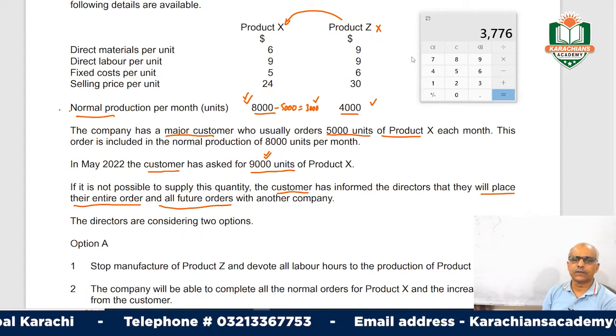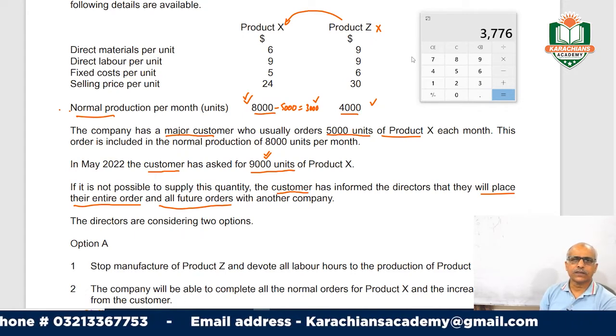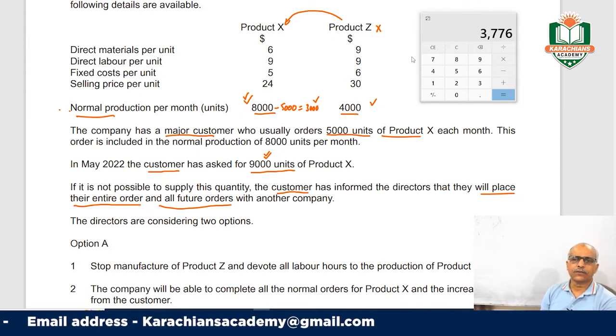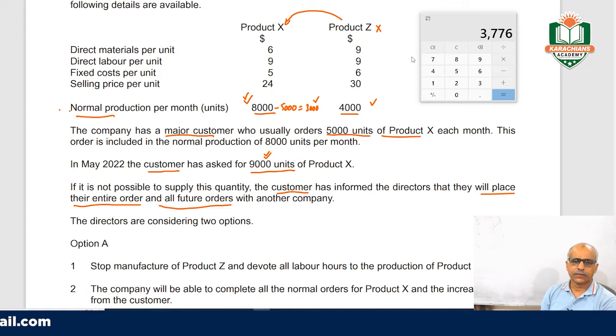So he will switch his sourcing from your company to the other company. This is a big risk and a big threat to the survival of the company. So then they have to think about it.